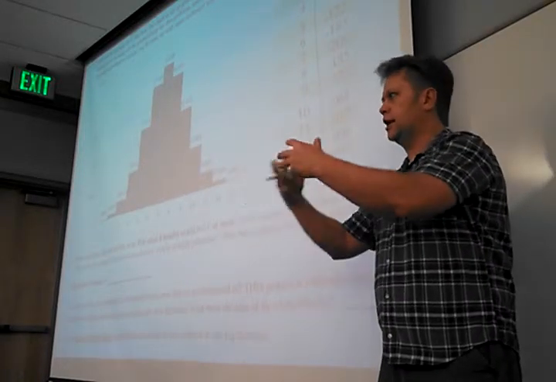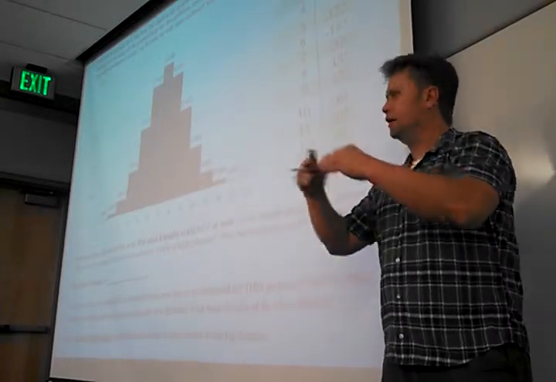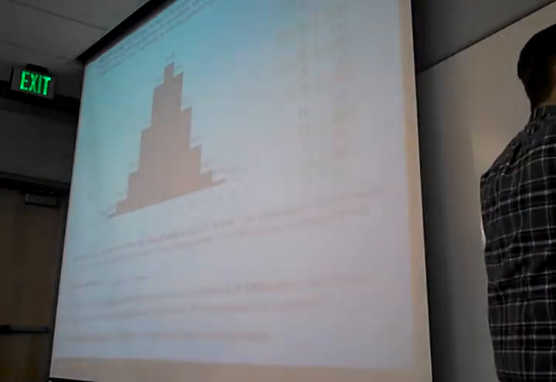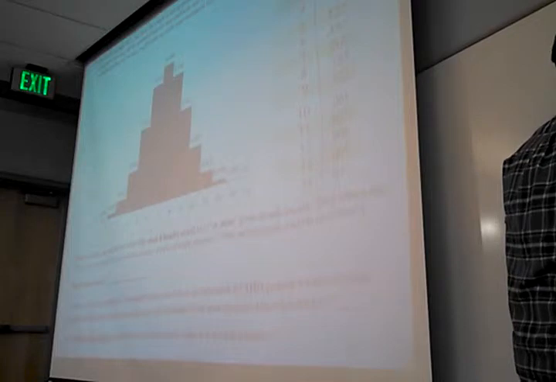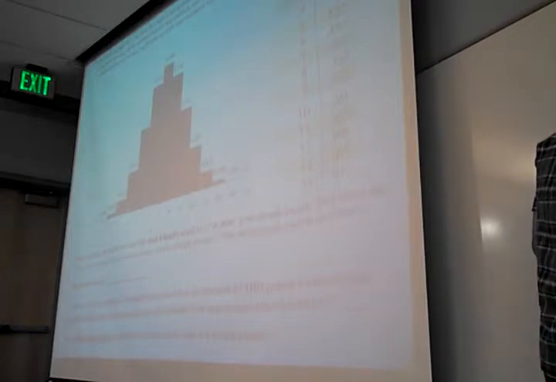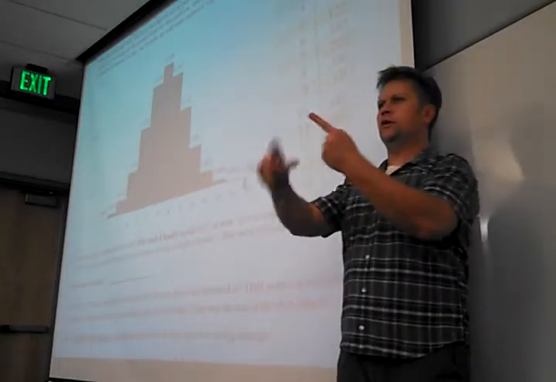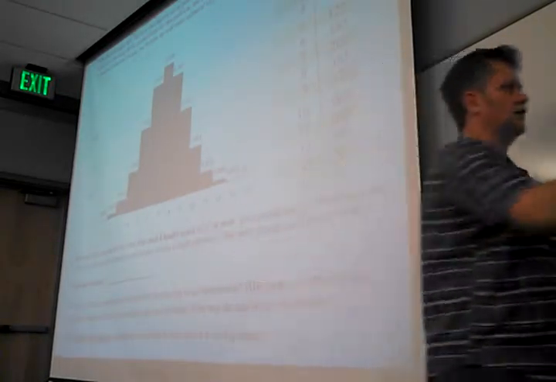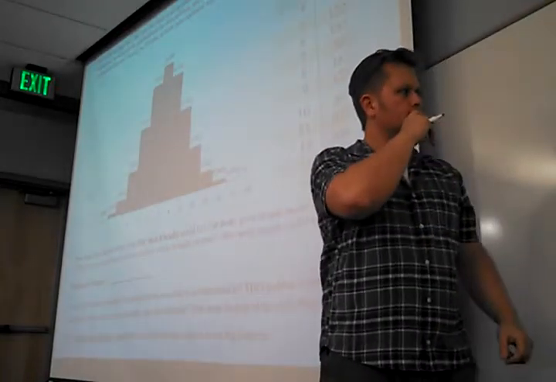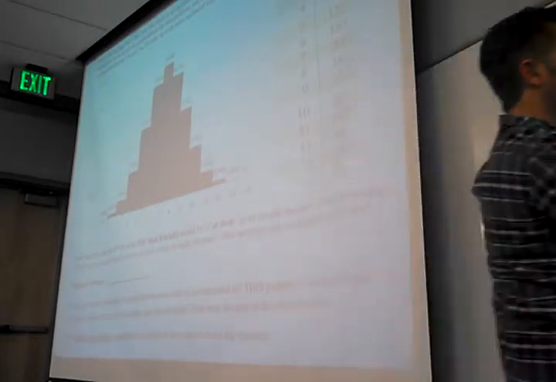So if I want to know the probability that it is from 2 to 4, so I get a 2, a 3, or a 4, I could just find the area of this. And this is where I have to be careful when I do this kind of problem. I have to make this a little more specific.